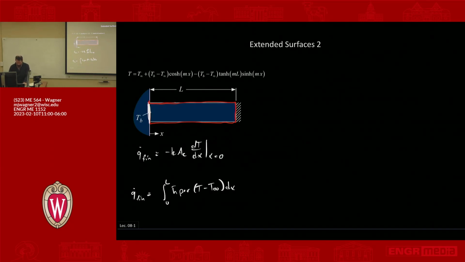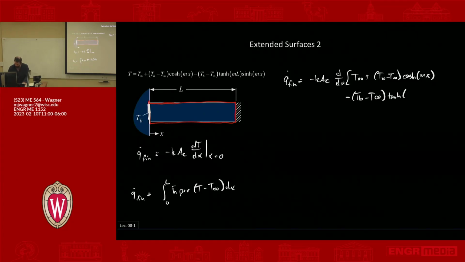Let's plug this in. We have Q dot fin is equal to minus k A_c times d/dx of this temperature: T infinity plus (T_b minus T infinity) cosh(mx), minus (T_b minus T infinity) tanh(mL) sinh(mx), all of that evaluated at x equals 0.